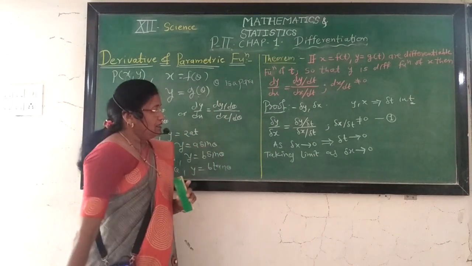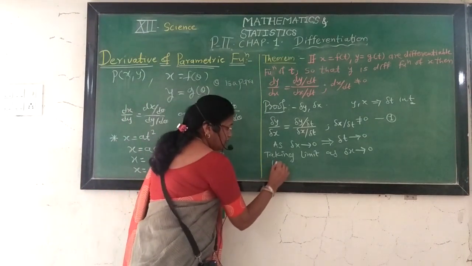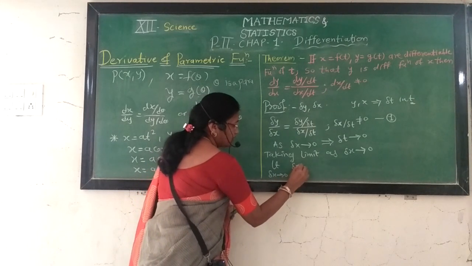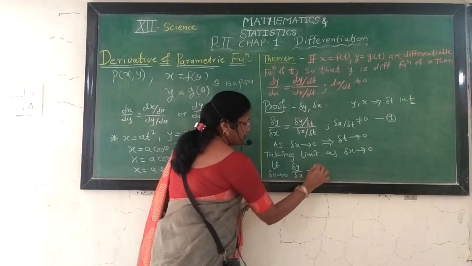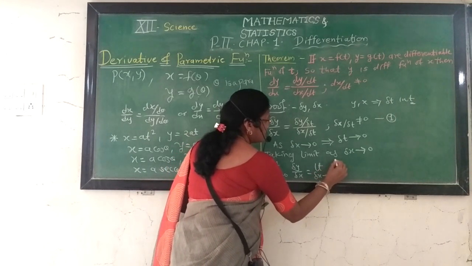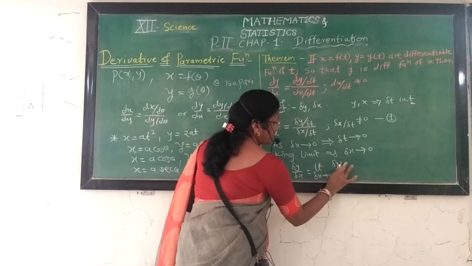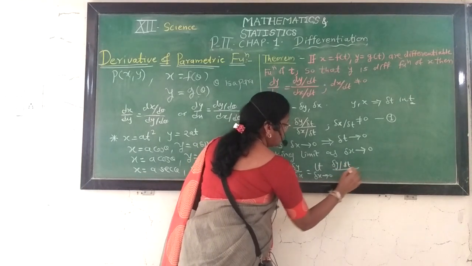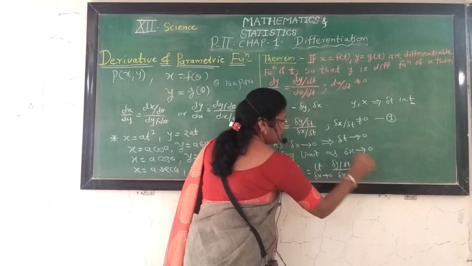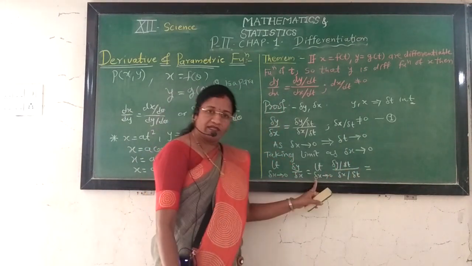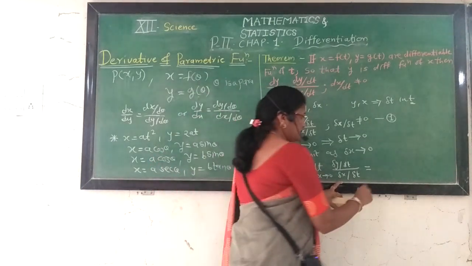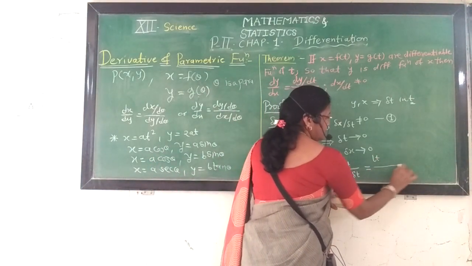Taking the limit as delta x tends to 0, limit of delta y by delta x is equal to limit as delta x tends to 0 of delta y by delta t, whole divided by delta x by delta t. By the algebra of limits, the limit of a division of two functions or ratios is the division of their limits.